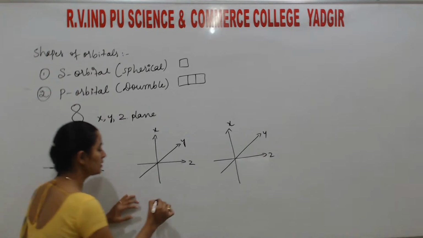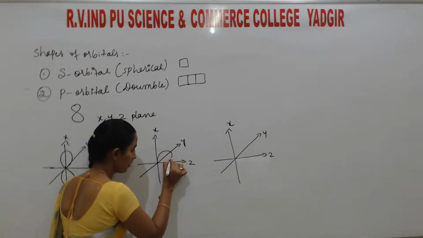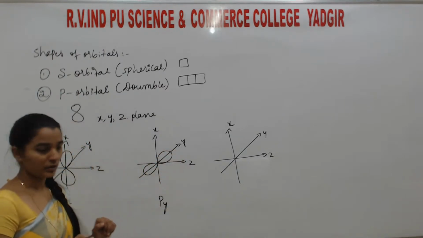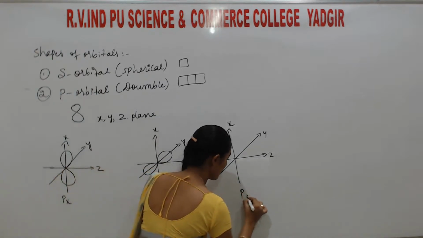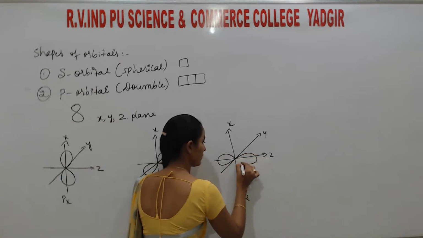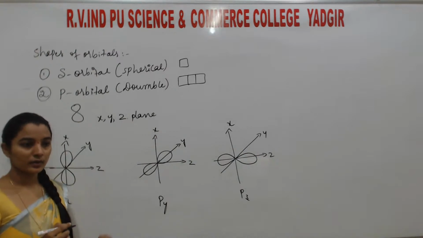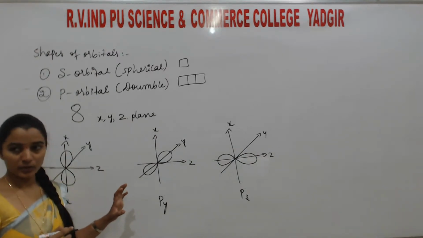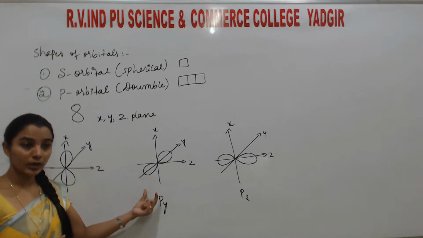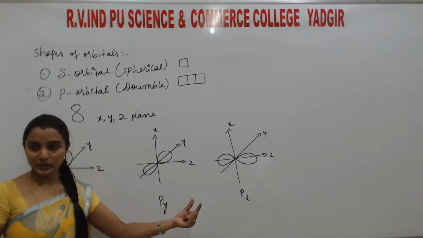Y, so here it is Py. And this one is Pz. So it is exactly present like this. This is the dumbbell shape. Understood? Three different planes are there. In three different planes, P orbitals can be present: Px, Py, Pz.